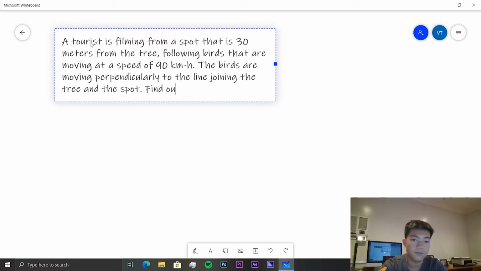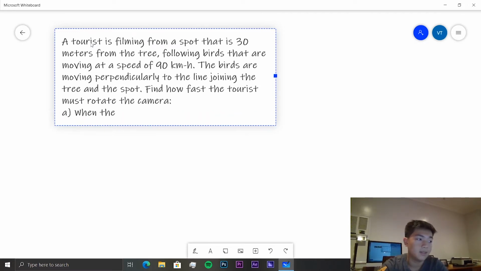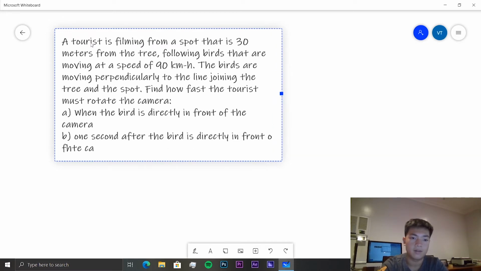Find how fast the tourist must rotate the camera A, when the bird is directly in front of the camera, and B, 1 second after the bird is directly in front of the camera.